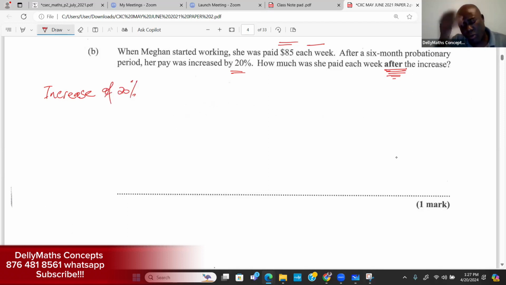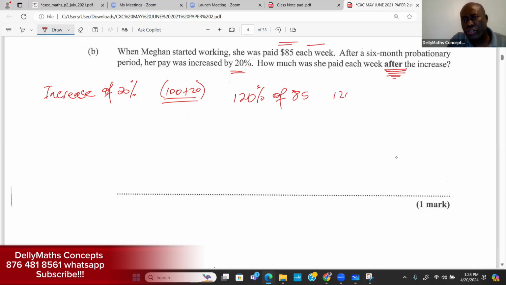There are more than one ways we can work this out. If there is an increase of 20%, it simply means that we went up to 120%. So we could find 120% of 85 and it takes us there. That's one approach.